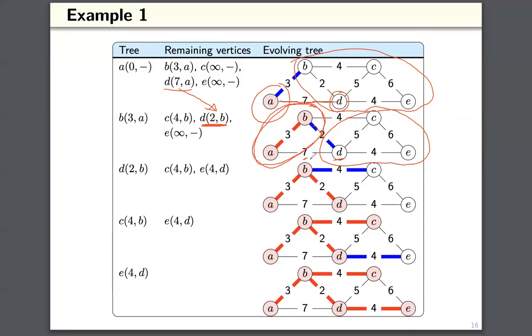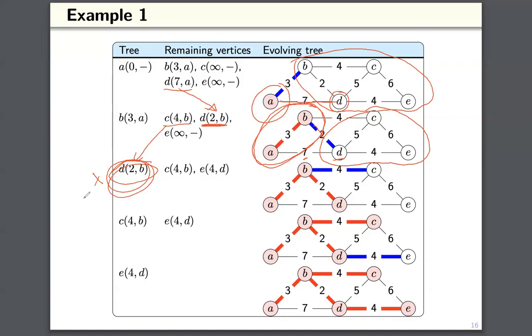Suppose we do not update the values. What happens? Suppose we did not update 7 to 2. Then maybe C of 4 comma B will be considered next and not D. That's incorrect, right?